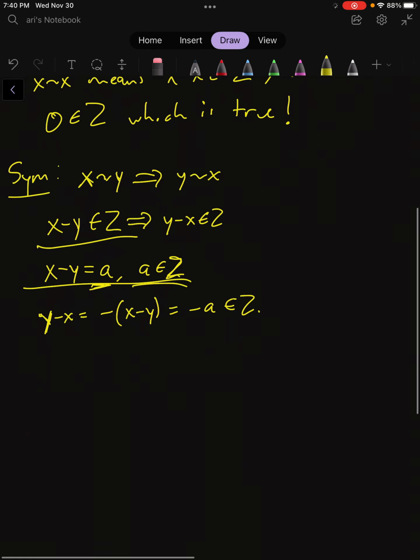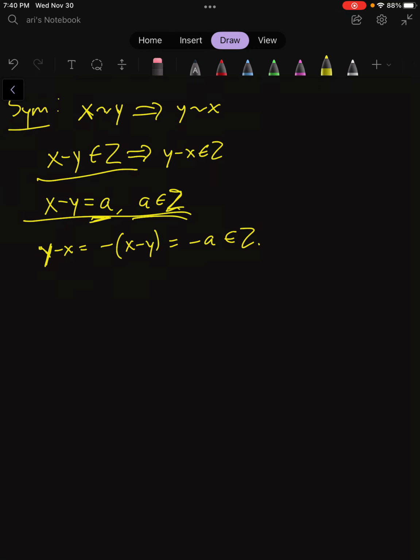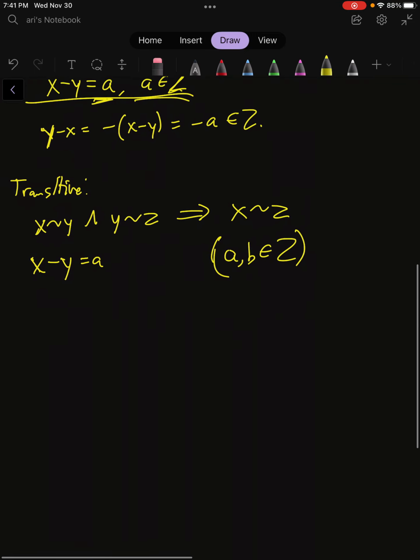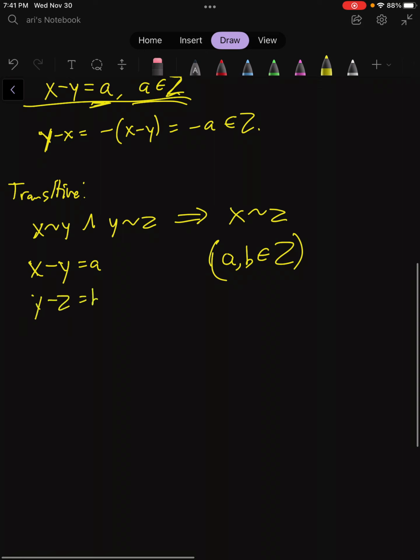And then the last step is transitive. And this part involves a little more math. Transitive. So here we're saying x tilde y and y tilde z implies x tilde z. So let's use the same kind of methodology as we did last time. x minus y equals a, and let's say a and b are integers, just putting that off to the side, and we have y minus z equals b.